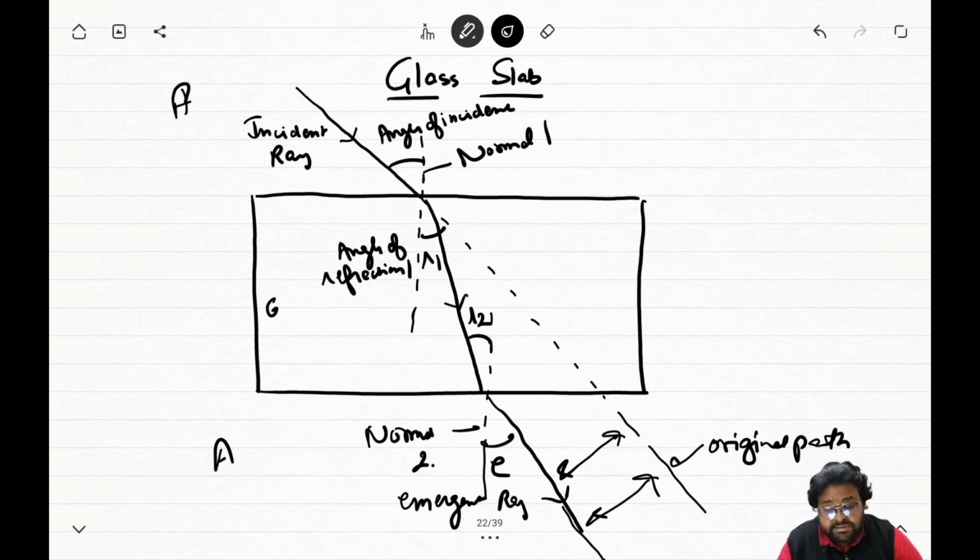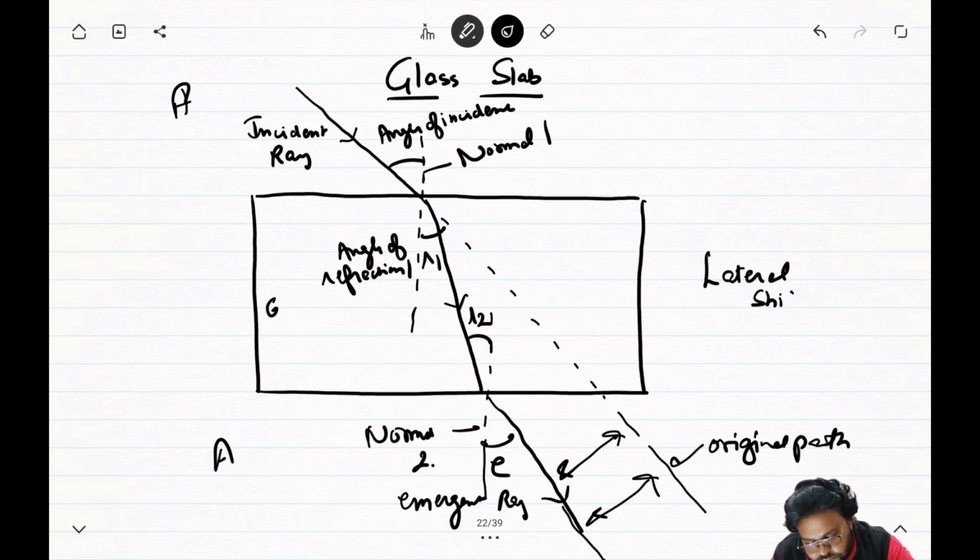Because the surfaces of the cuboid of this glass slab are parallel, we get the emergent ray parallel to its original path. The distance between these two parallel lines is known as lateral shift.